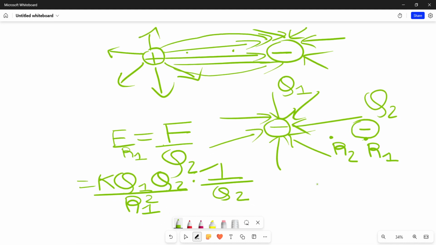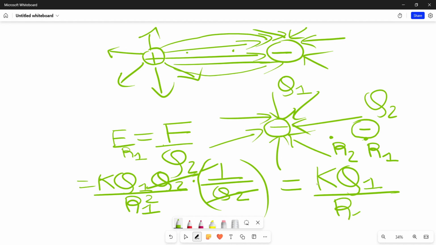You see the Q2s cancel out, so the field at R1, the field strength, is K Q1 over R1 squared. That is the field strength.